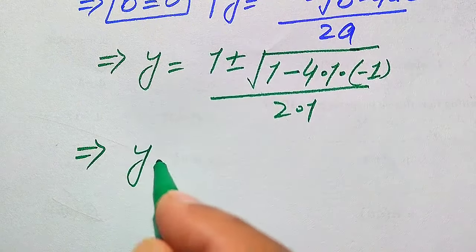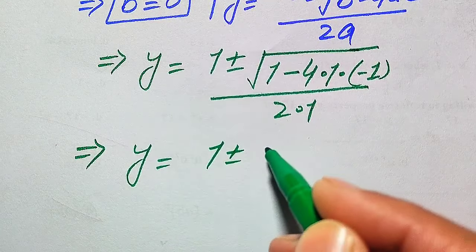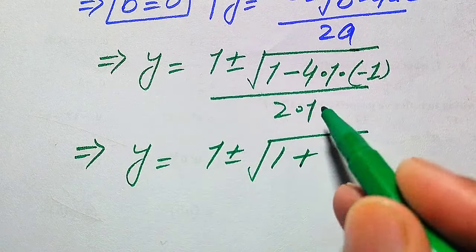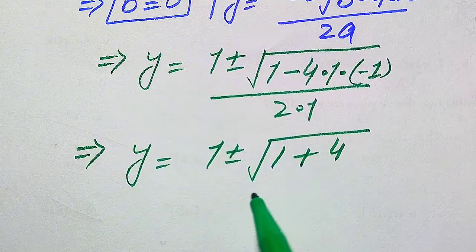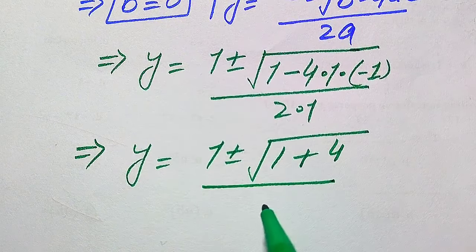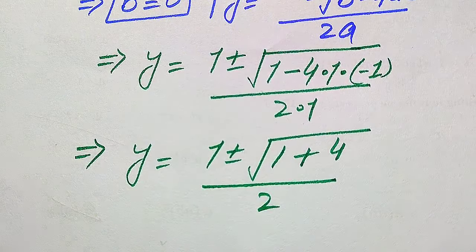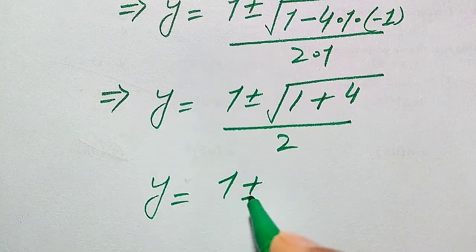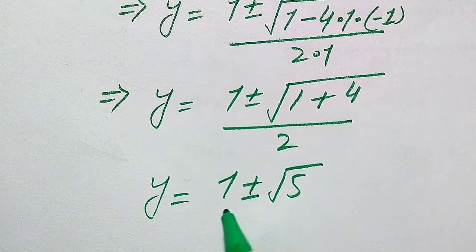Further, in the next step we have y equals 1 plus minus square root of 1, minus times minus becomes plus, 4 times 1 becomes 4, divided by 2 times 1 equals 2. So from here we get the values of y equals 1 plus minus square root of 5 divided by 2.